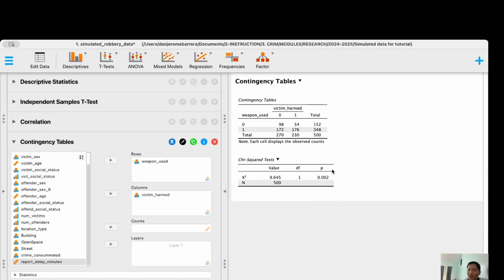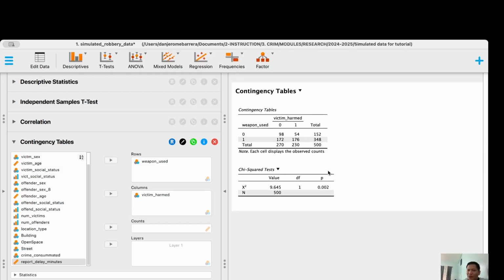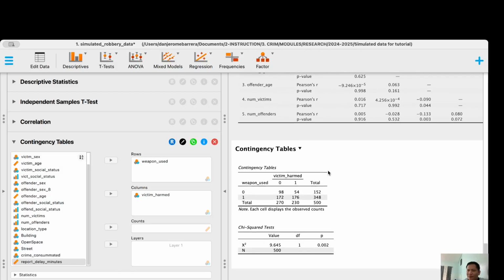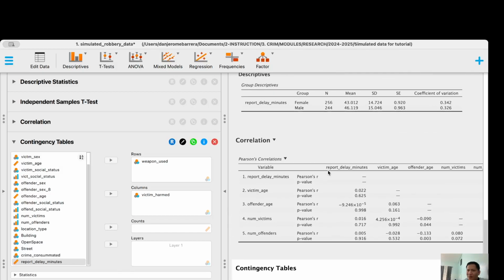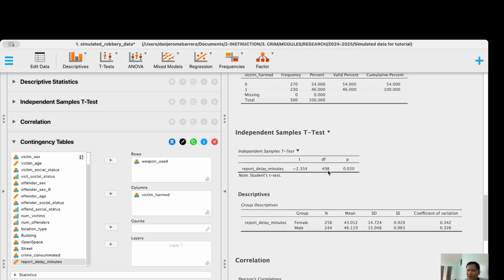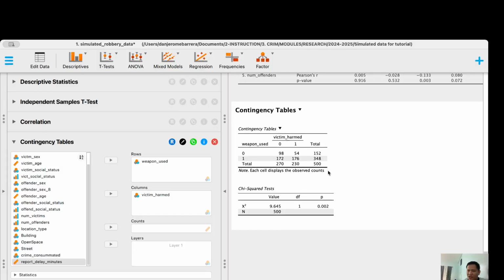So that's how you interpret the association between two categorical variables. By the way, if you scroll up, you can see the previous results of your analysis: independent t-test, correlation, contingency. So that's it. In our next lecture, we'll be studying multivariate analysis.